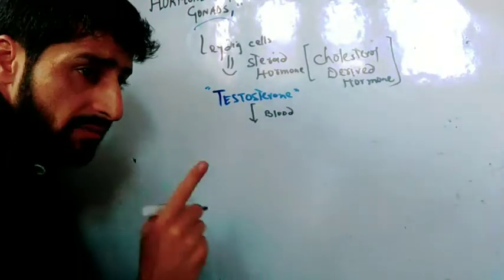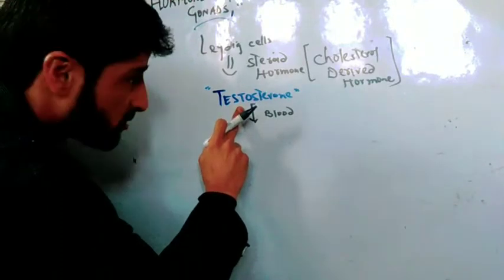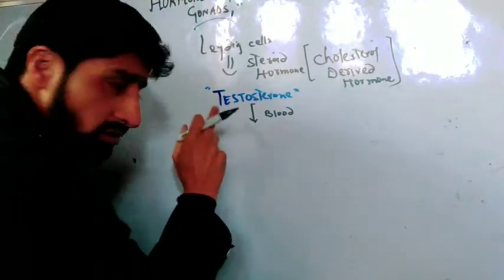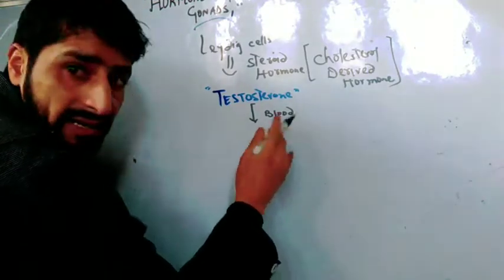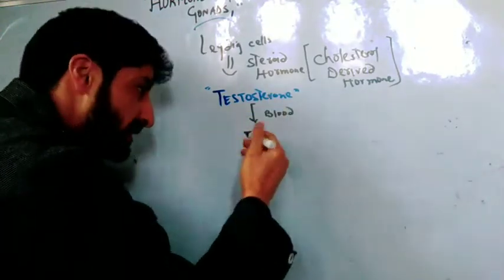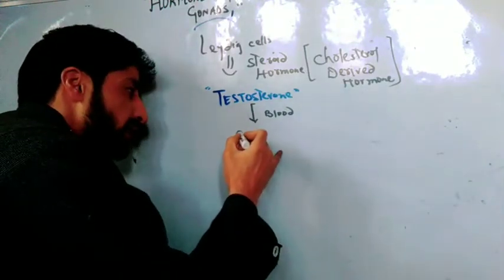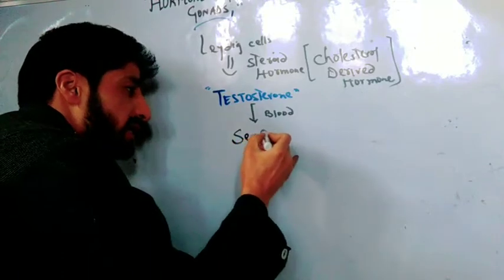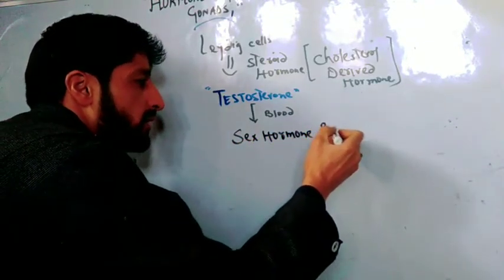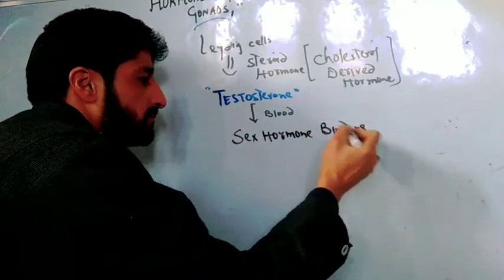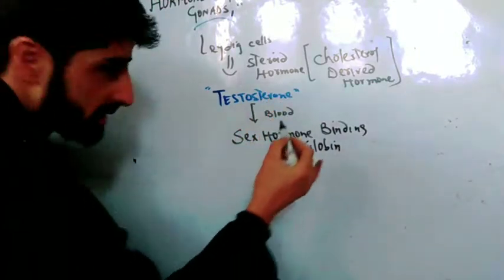But you should remember one important fact: when this testosterone hormone is drained into the blood, in the blood there is a very special protein. That protein is called sex hormone binding globulin.